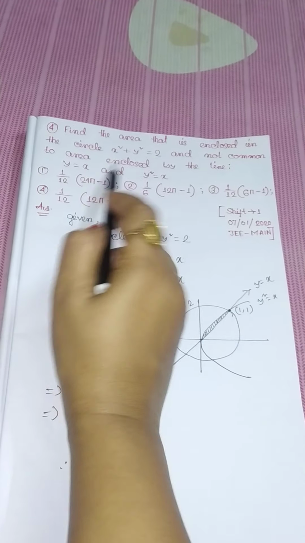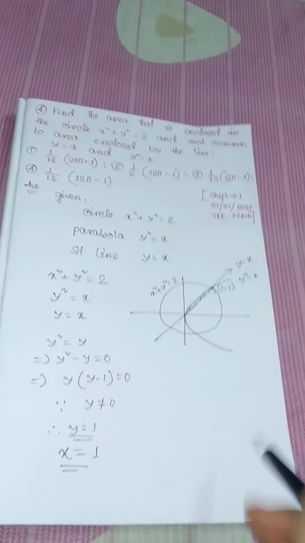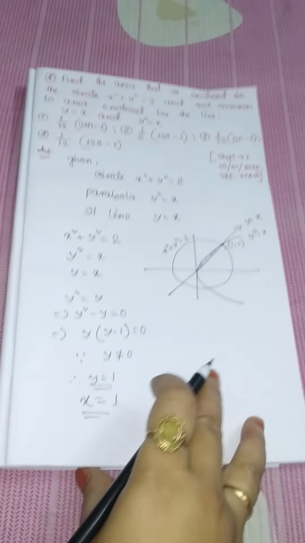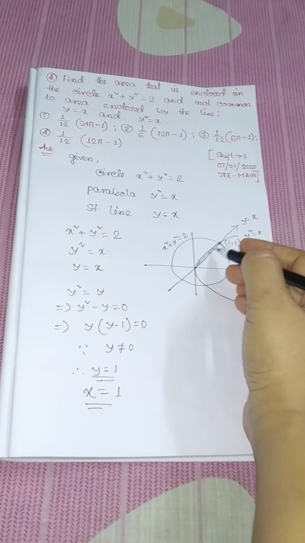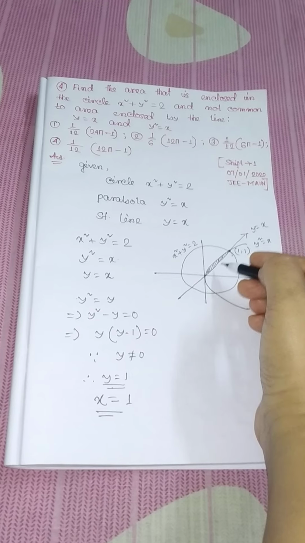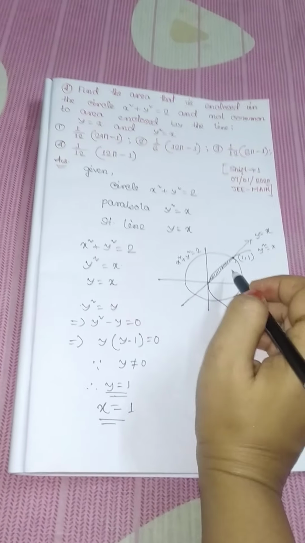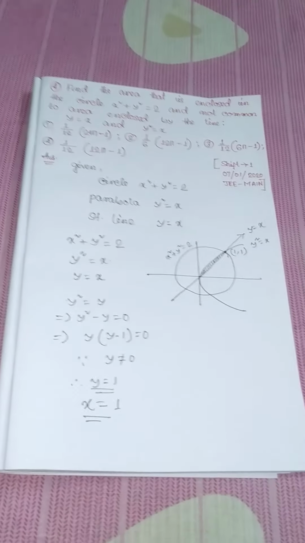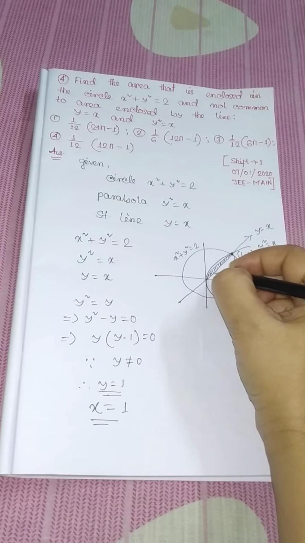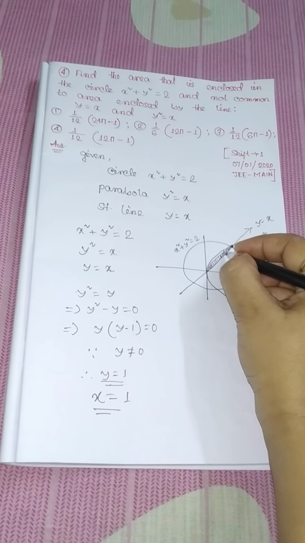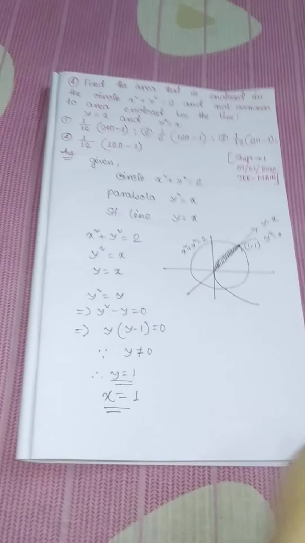We have to find the not common area enclosed by the line. So we subtract this area from the entire circle. Is that clear?